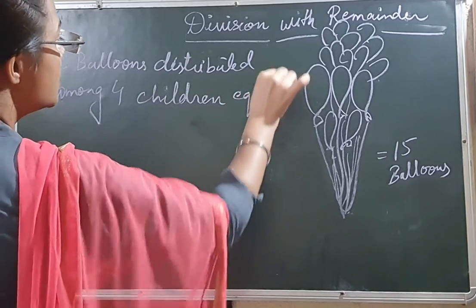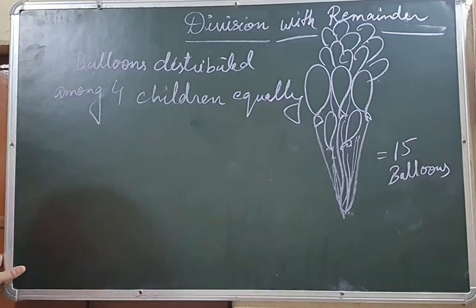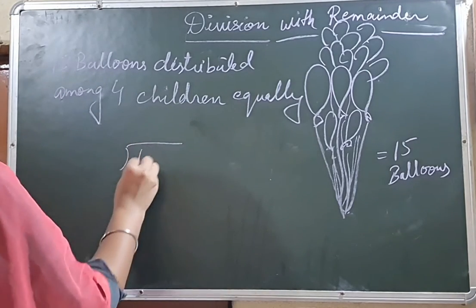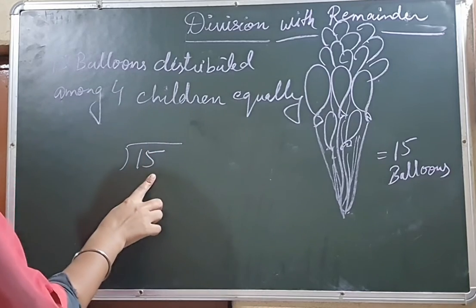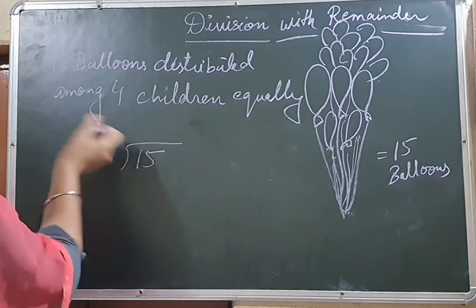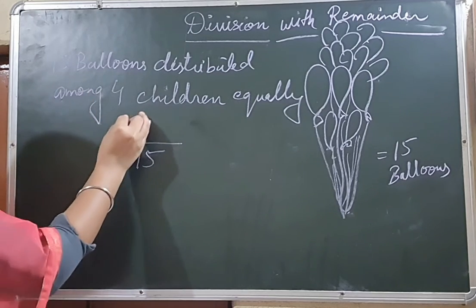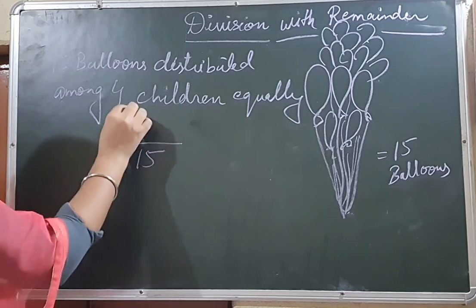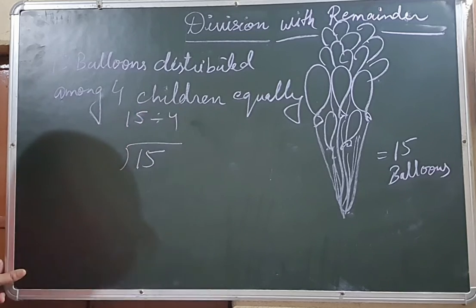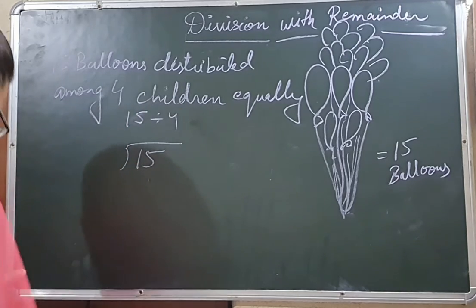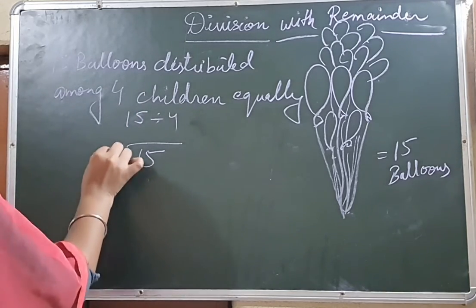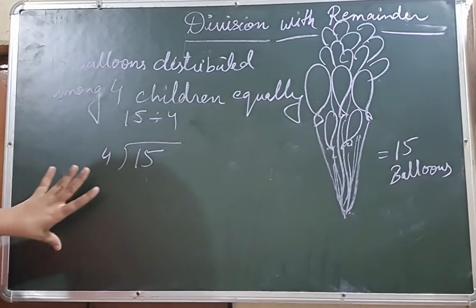So what you have to do is write 15. This means the division statement will be 15 divided by 4. The division statement is 15 divided by 4. You will write the dividend inside and the divisor, 4, outside.